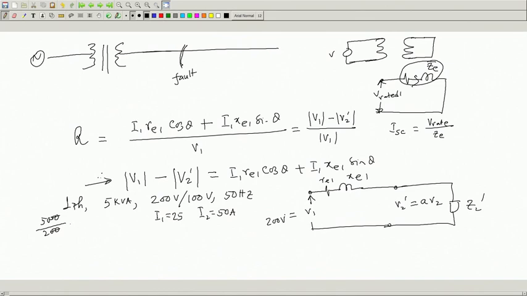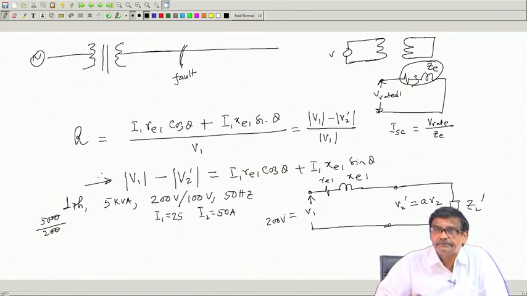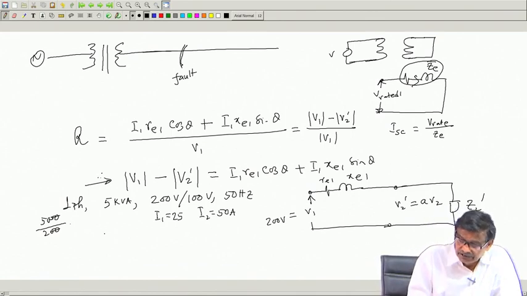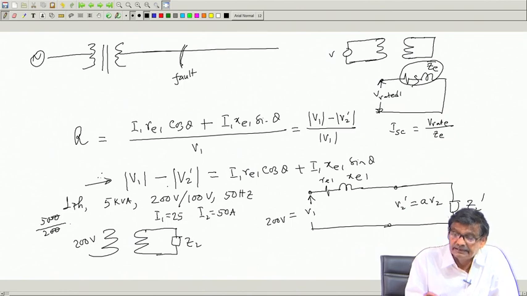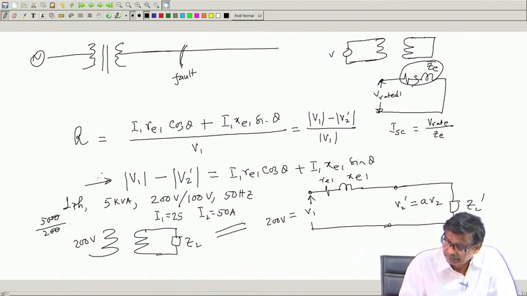Then I ask myself, if you deliver rated current, what is the actual scenario? The actual scenario is this equivalent circuit. Here 200 volt you have applied, here you have connected the load Z2, and this is equivalent to this.